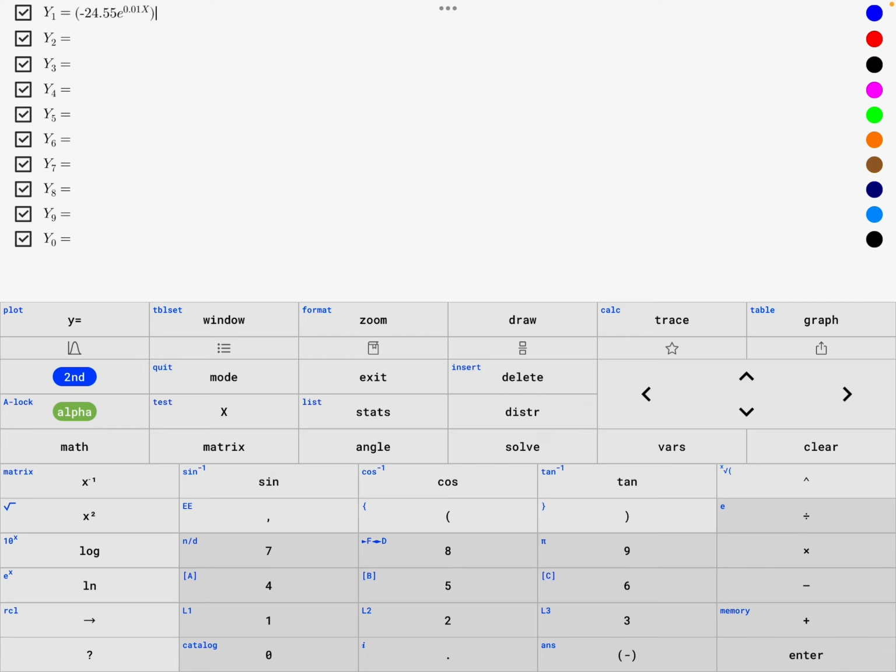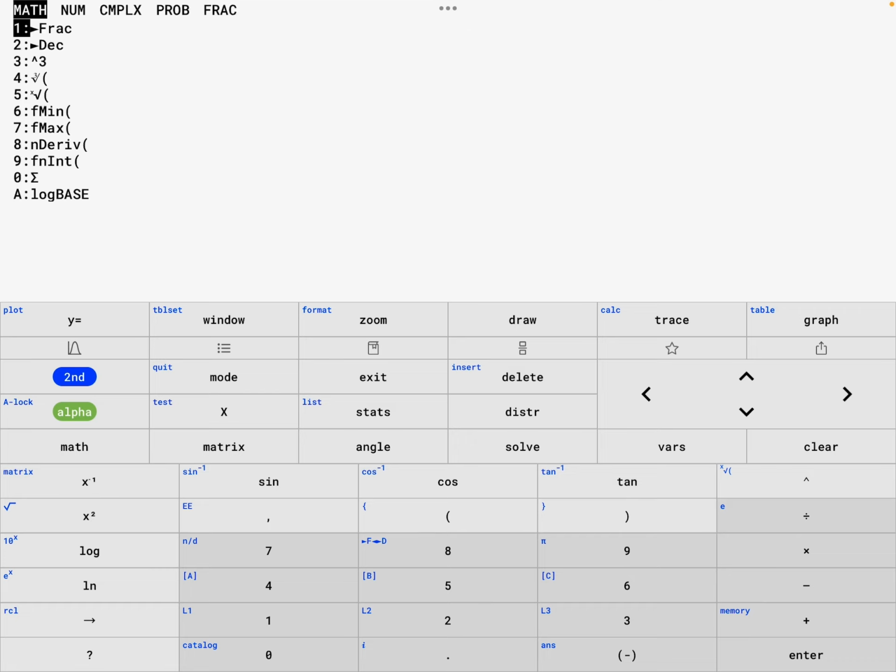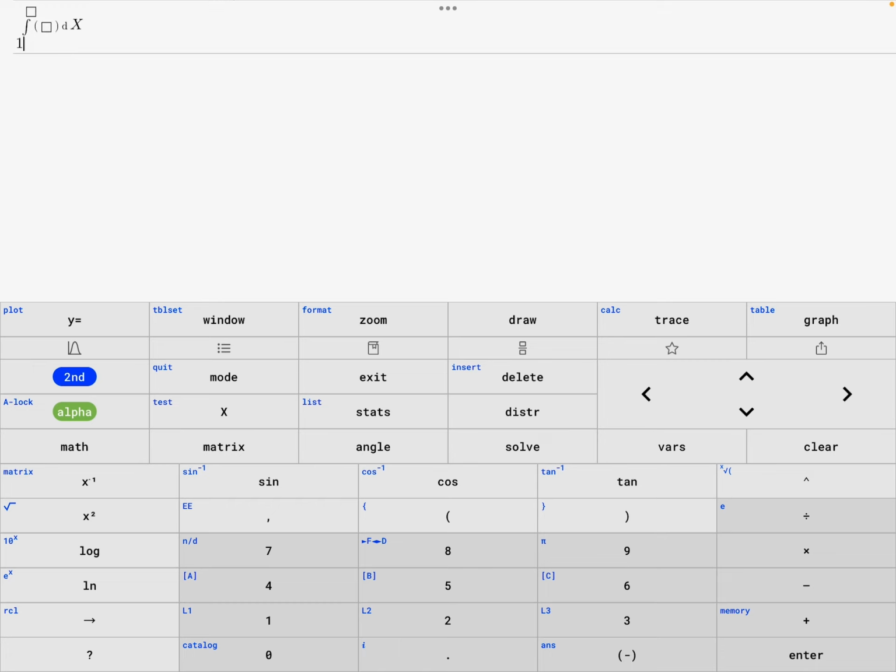Just checking to make sure I have that all written down correctly. Then I'll go to the math option, option number 9 for my integral. This will be from 12 to 20, and then I'll go to my vars functions, where it's already in there, dx, and then I'm going to move my cursor, plus 55.